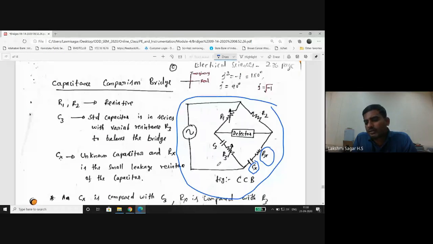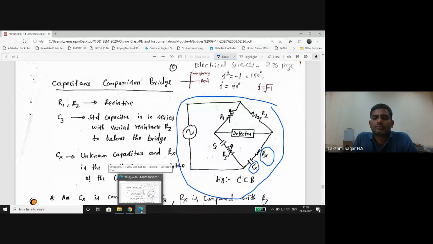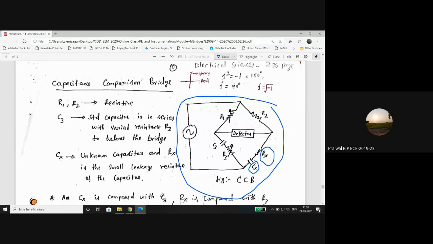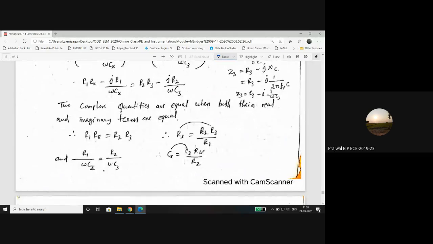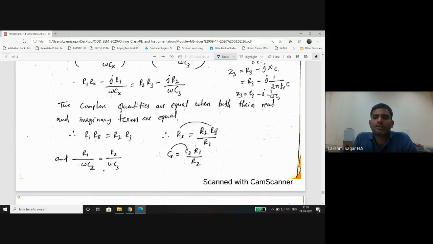What equation did you get for Cx? Jayant? Sir, Cx is equal to R1 C3 by R2. Correct. And Rx is equal to R2 into R3 divided by R1.